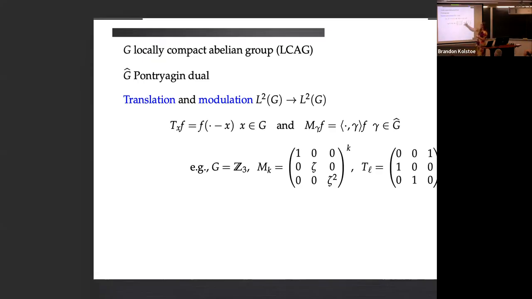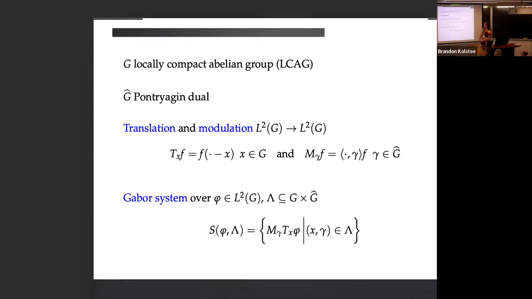And then for modulation, we pointwise multiply by a character that's been evaluated at the input. So going back to my favorite set of 9 vectors in 3-dimensional space, we have that our group is Z3. M sub k, the modulations, are just powers of this diagonal matrix here, and T sub l, the translations, are just powers of this cyclic translation matrix.